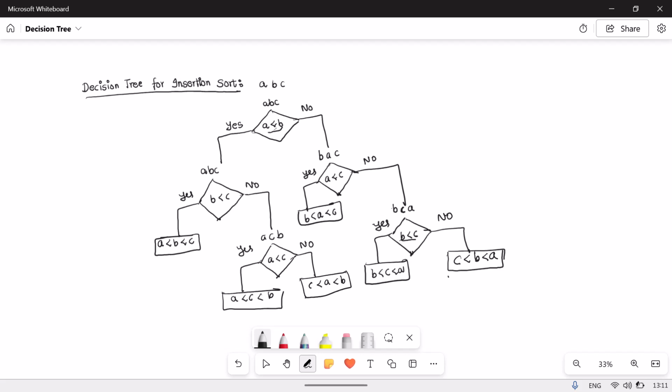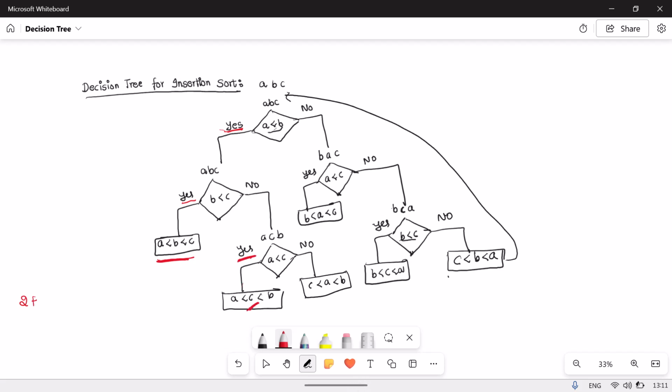We can compute the average number of comparisons for a particular algorithm as the average depth of the decision tree's leaves. From the leaf to the root, how many positions are there? From there, you can calculate the average number of comparisons. For this particular comparison, there were two decisions taken. For this one, there is one.